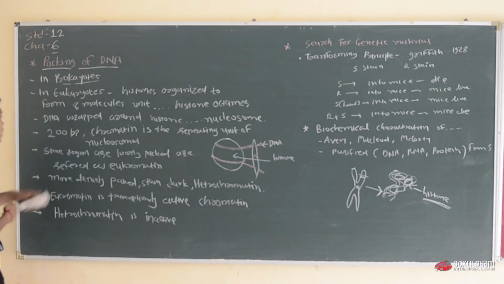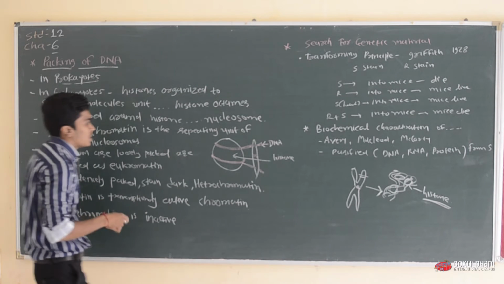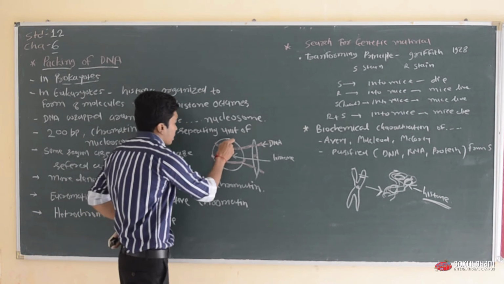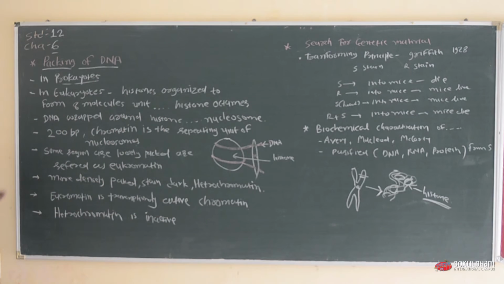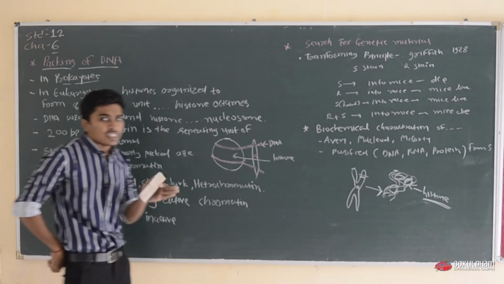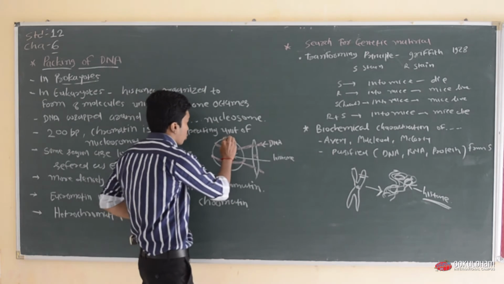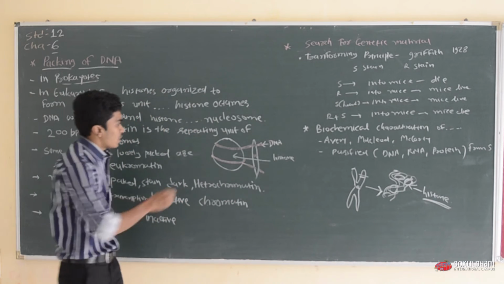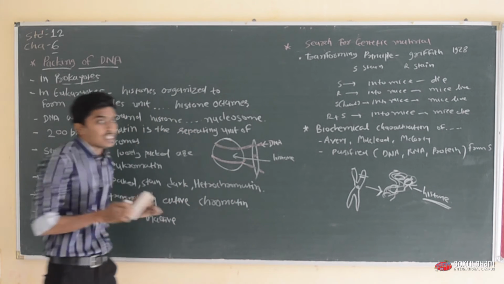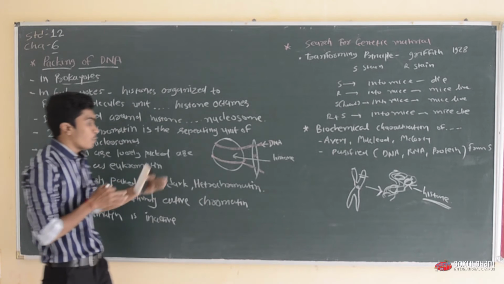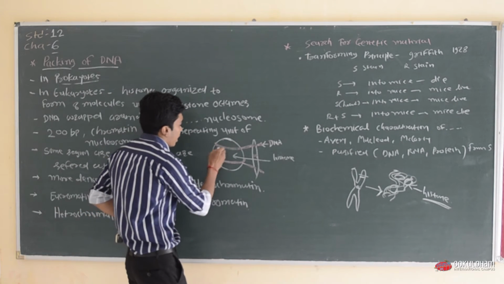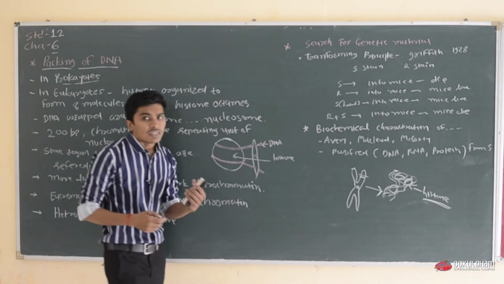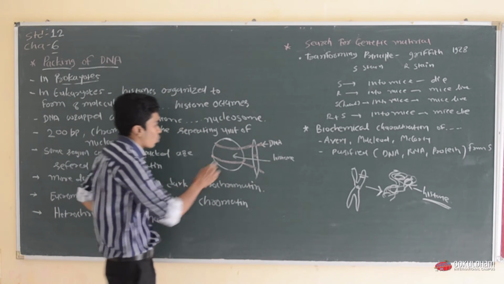Now let us see. This histone protein is organized in such a manner that 8 molecules unite with each other and form a nucleosome. So the histone unit is made up of 8 proteins, and together they make a histone octamer.